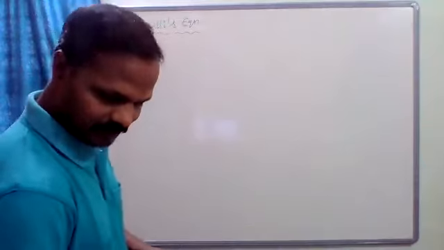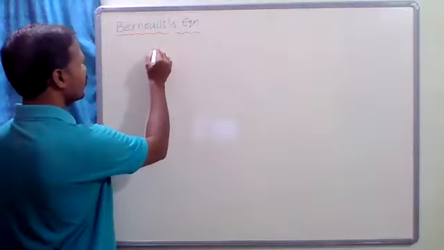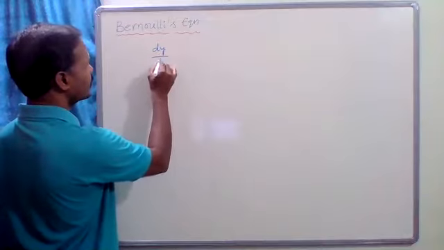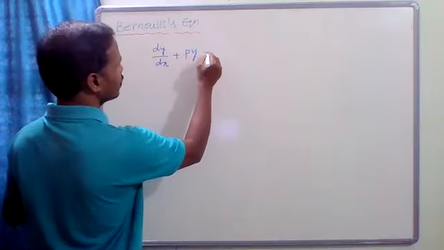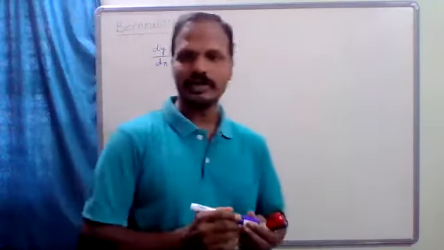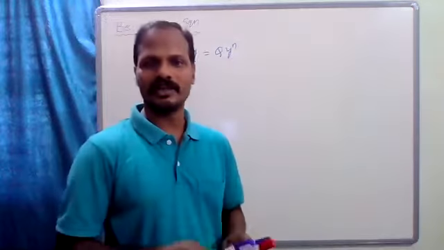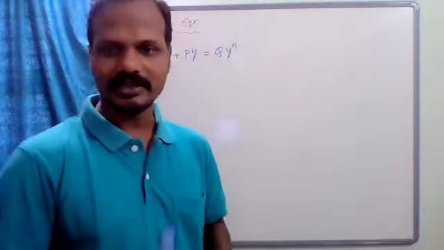So, Bernoulli's equation. An equation of the form dy by dx plus py equal to q into y power n. Today morning I already sent the notes regarding Bernoulli's and exact equations also.